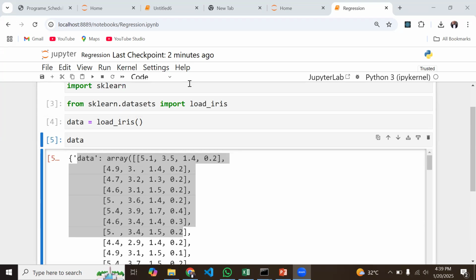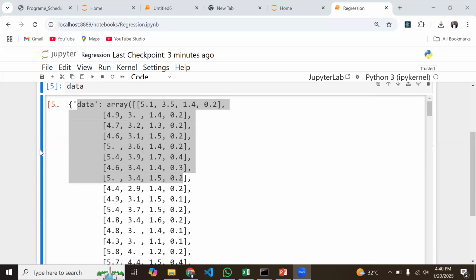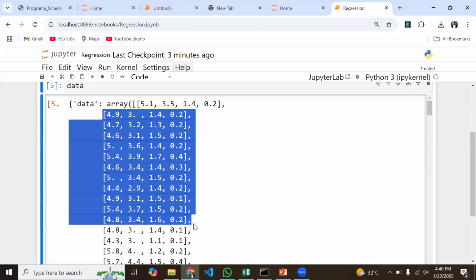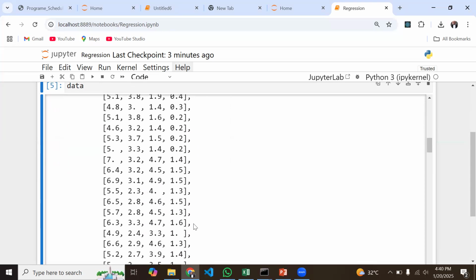All right. Okay. So just to have a recap, and also so that we don't move too fast. We are clearly seeing that when we load this iris data set, we have the actual data, which is going to constitute our X component or our X part of the data.